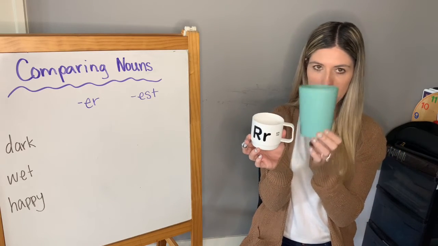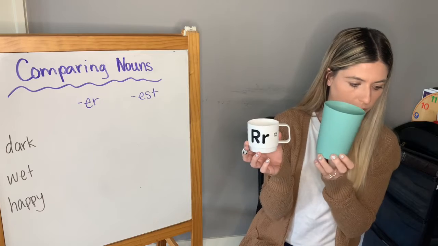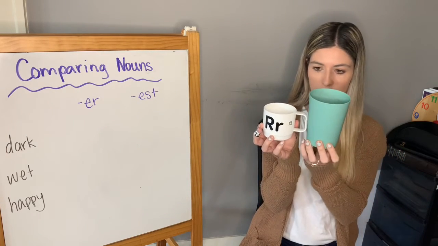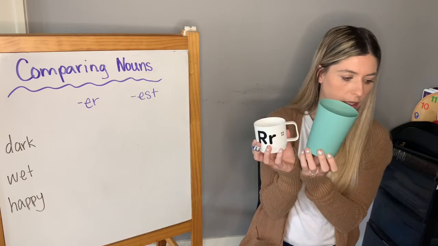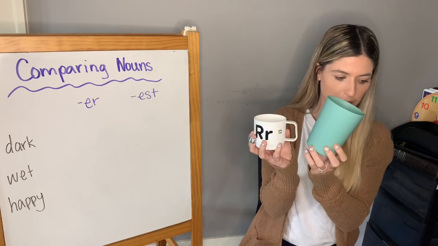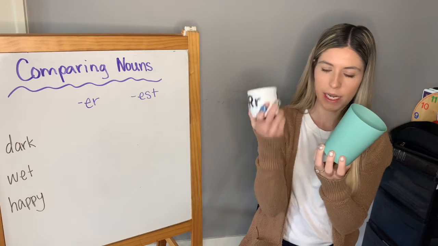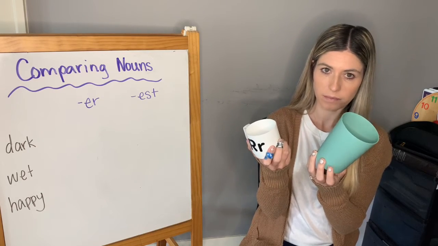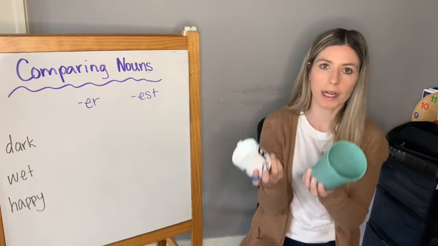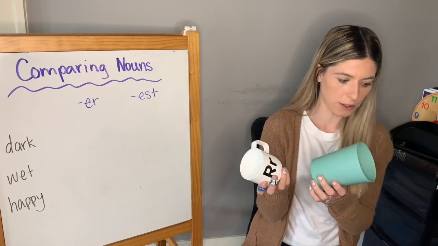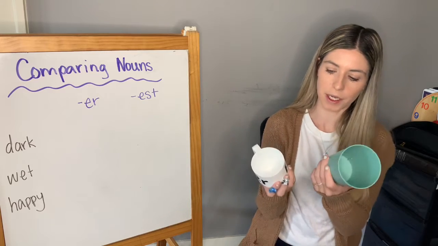If you look carefully, this one's bigger. And which is smaller? Well, if this one's bigger, this one's smaller. So, what special sound do you hear at the end of the adjectives bigger and smaller? You hear er, bigger. E-R, bigger. That's the special sound. That's one of the special sounds we're going to use today.